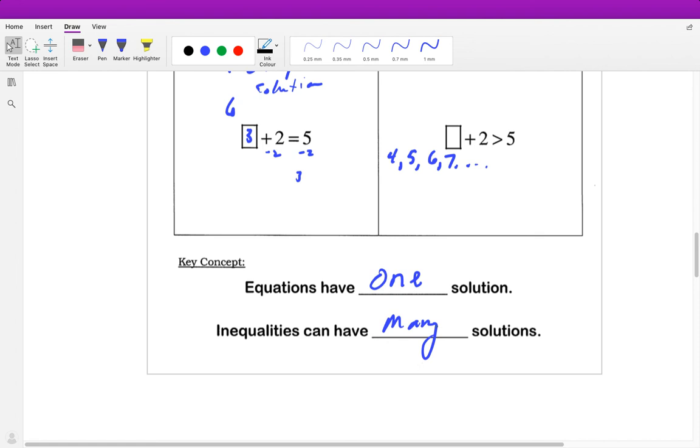Right? So inequalities actually give us an infinite amount of solutions. We'll talk about this in further detail, and you'll talk about this in further detail as well in your years to come. But you'll see that when we're dealing with equations, we only have one solution. And when we're dealing with inequalities, there are many solutions that we have.